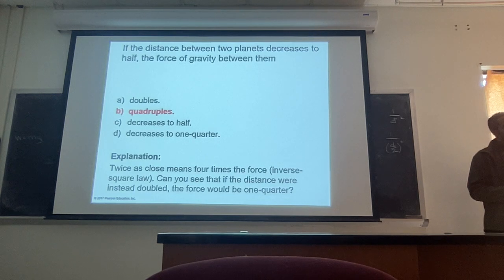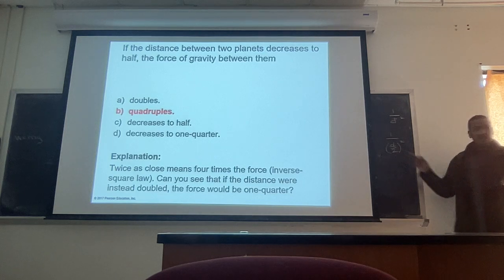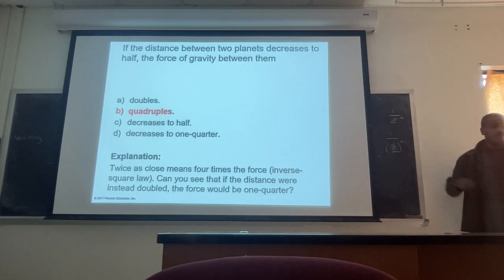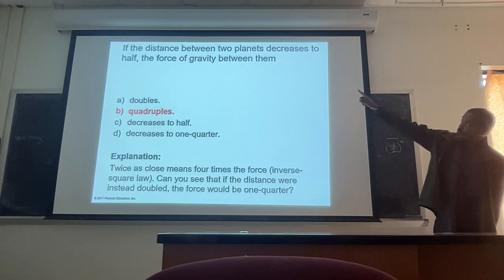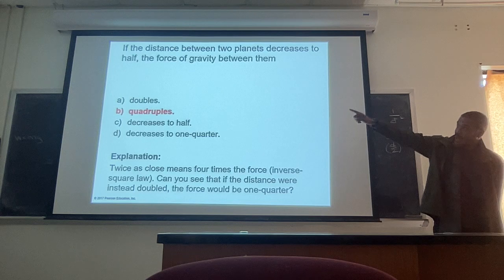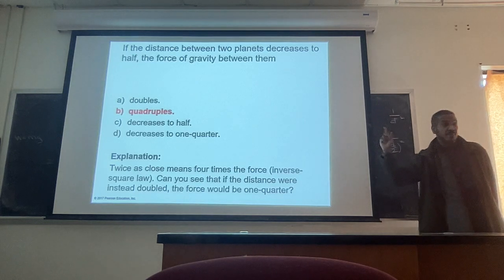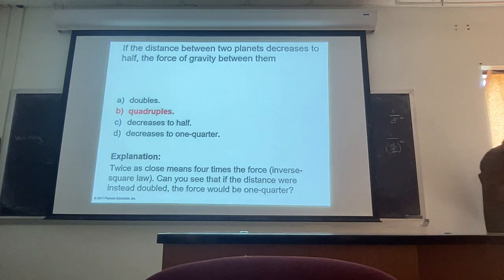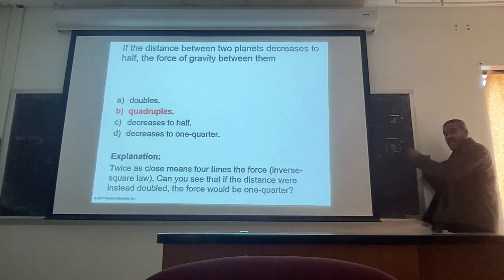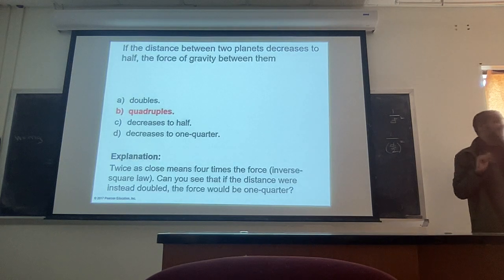We're not trying to find D. We're trying to find what happens to the force of gravity between them if the distance between two planets decreases to half. We're trying to find what happens when D is cut in half. What happens to that intensity you were just talking about? Intensity equals 1 over D squared.